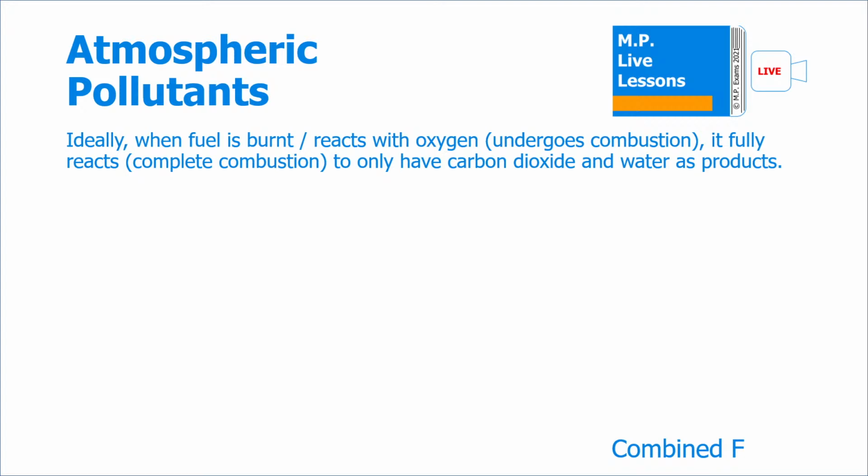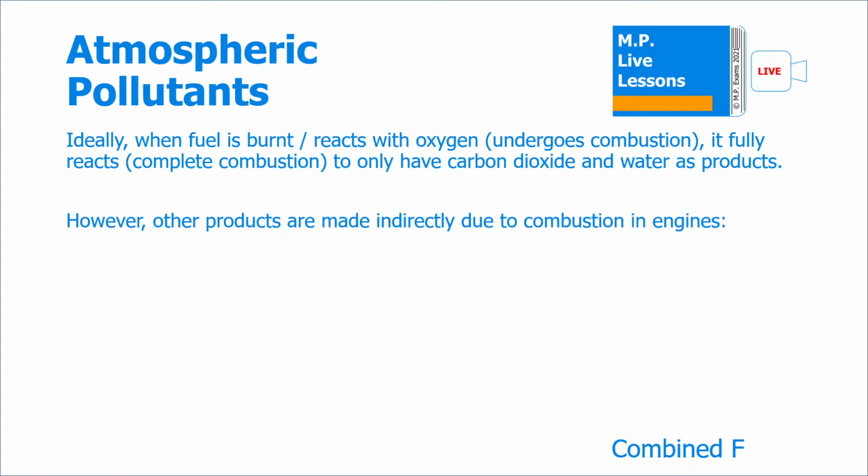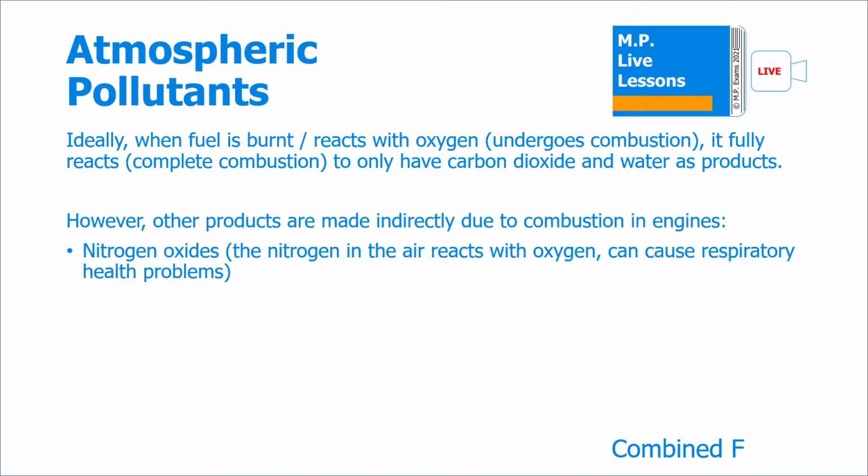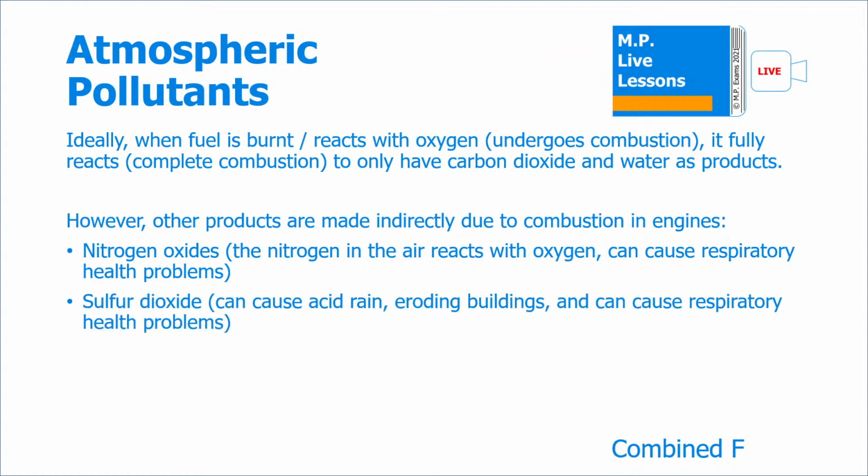However, when you burn stuff and use air instead, because air is a mixture, you get other compounds being produced, such as nitrogen oxides, because there's nitrogen in the air which reacts with oxygen, and this can cause respiratory health problems. You also get sulfur dioxide. This causes acid rain, which can erode buildings and destroy environments, and can again cause respiratory health problems.